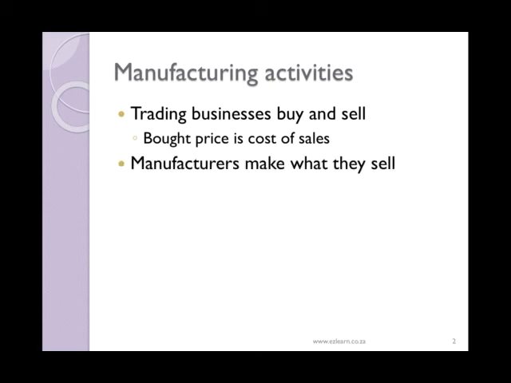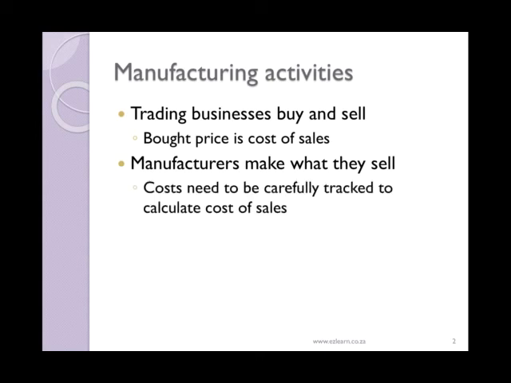However, manufacturers make what they sell, and there are a number of costs that are incurred in the manufacture of their product. As such, you will need to carefully track all the costs that are incurred in making the product in order to be able to calculate your cost of sales. You will need to consider things like the raw materials. In other words, the ingredients or the parts that will be used to make the product.